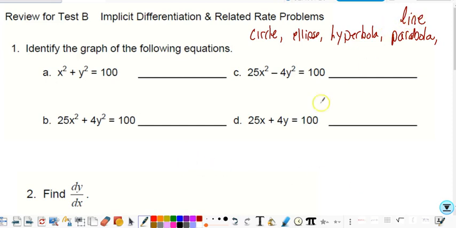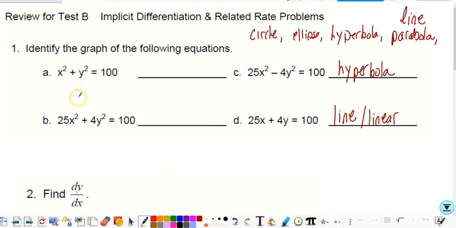So the reason I added in line, I got a glimpse of D here. There's no squareds. There's no other exponents. This one's linear. You can say line, you can write linear. But the others, they're all x squareds and y squareds. So the difference, we have subtraction, that's a hyperbola.